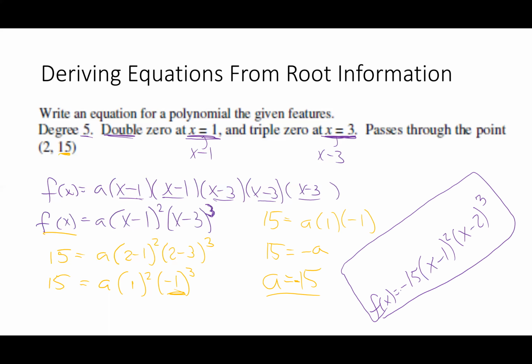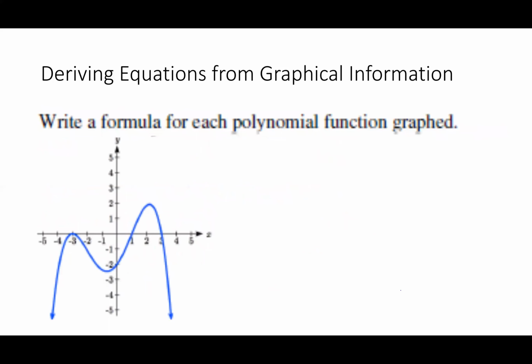All right, the last example, I'm going to give you a graph, and now what you're going to do is determine a formula for the polynomial function graphed. Again, this is a the polynomial issue, but it's okay. Go ahead and pause the video and work on this problem yourself. All right, so first, I've got a 0 at x equals negative 3.